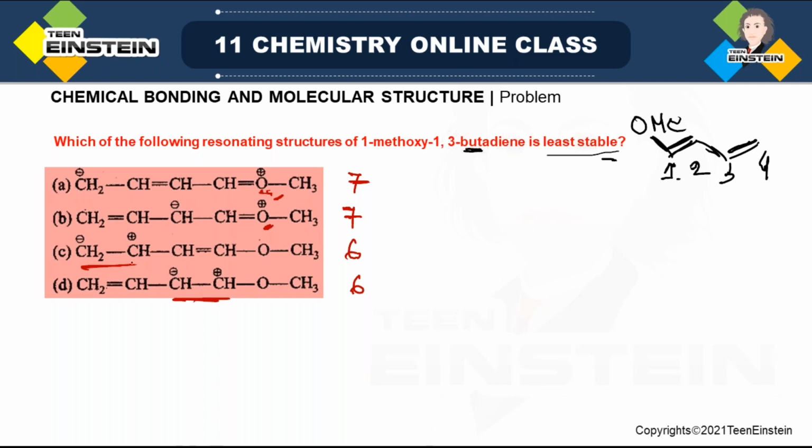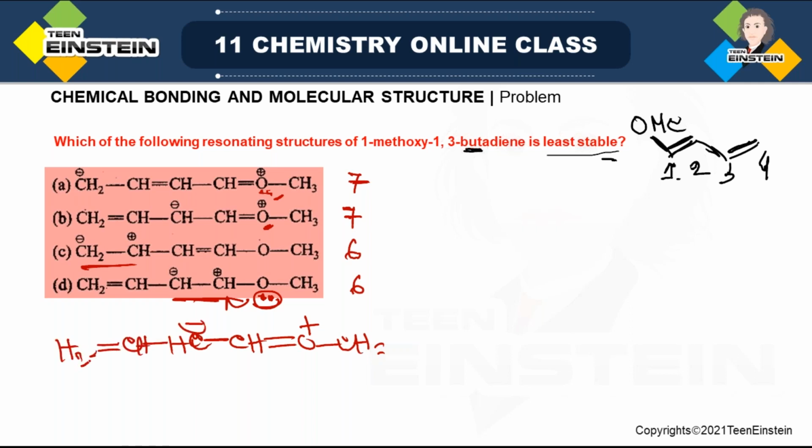There is again a tie. Now the interesting point. See, in case of D, this lone pair over oxygen can show the push effect. And when it shows the push effect, the structure will be like this: double bond to oxygen, CH3. And this part has no change. It is as it is.